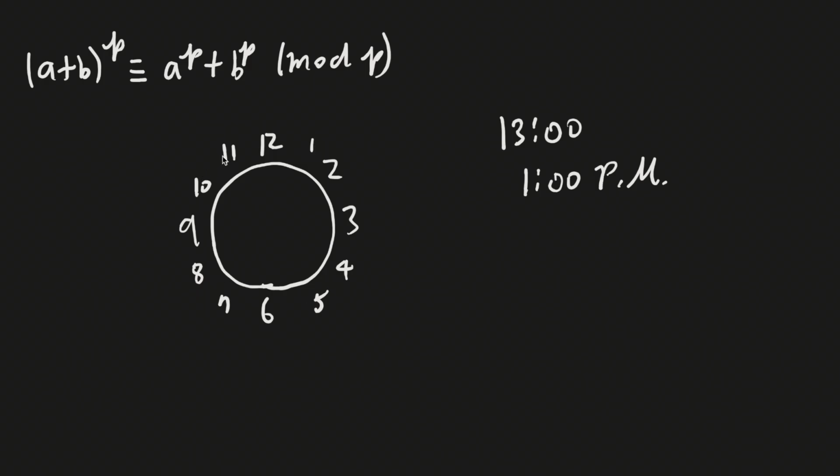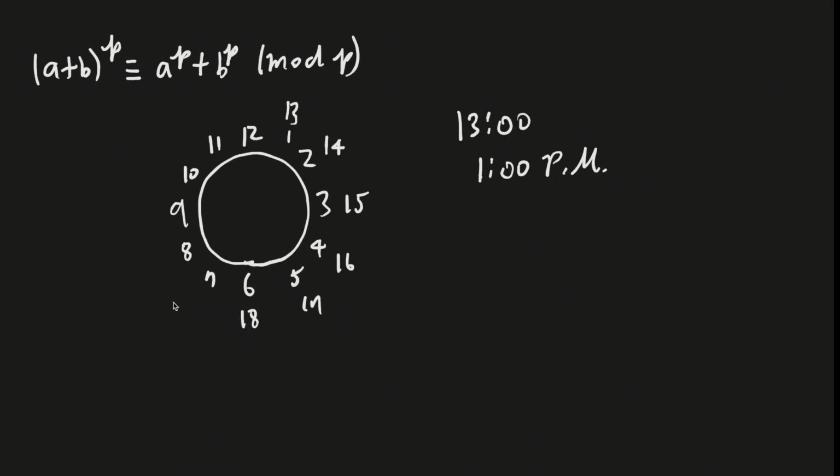After 11 a.m., it's supposed to be 12 p.m., and then after 12 p.m., it's supposed to be 1 p.m. However, we could also say it as 12 plus 1, or 13 o'clock. And so it's 14 o'clock here, and 15 o'clock here, and 16, 17, and so on.